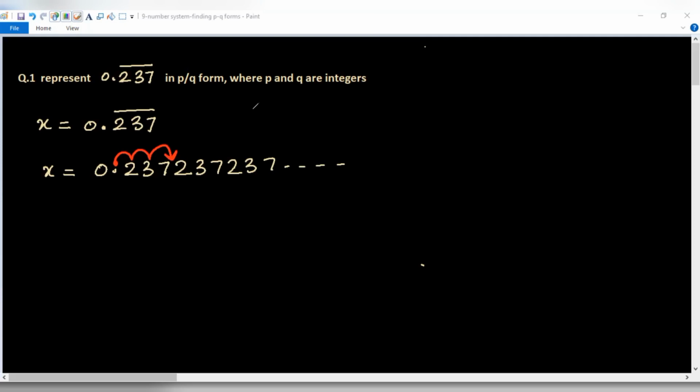That means we have to multiply this x by 1000.